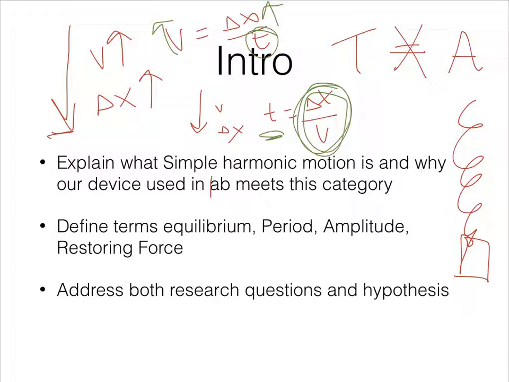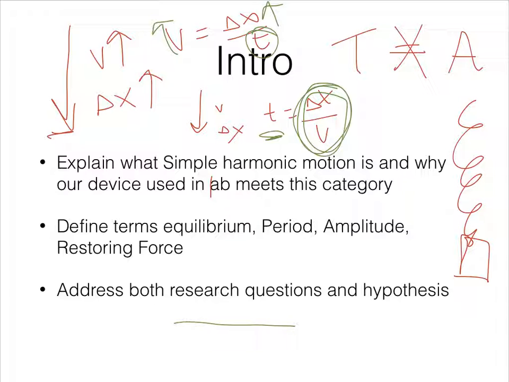So that's really all I'm looking for in the conclusion for that first research question about amplitude and period, is that it doesn't make an impact because when you stretch it further, yes, it is going faster in velocity, but it's also displacing more distance, and therefore that keeps working itself out to get to the same time value.